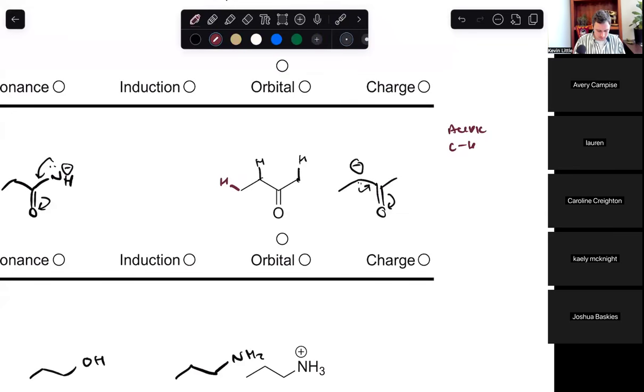And with carbon acidic CHs, I'm looking for two things. Either it's an H next to a double bond or an H next to a carbonyl, because these have resonance.